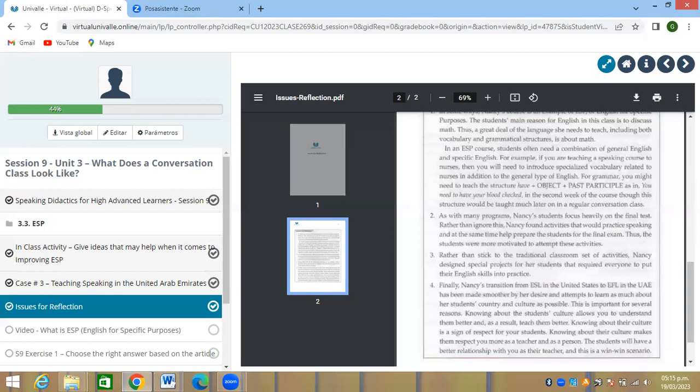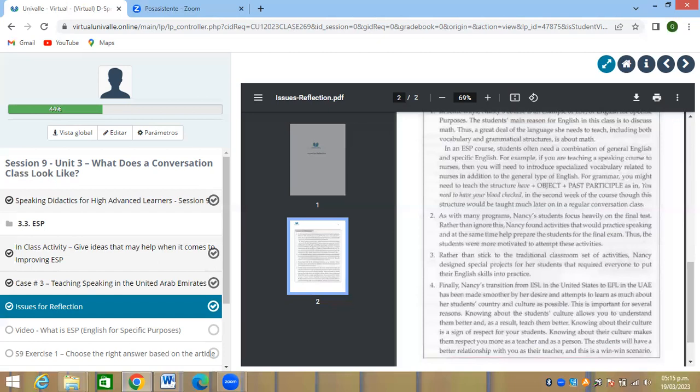And the last one: Nancy's transition from ESL in the United States to EFL in the UAE has been made smoother by her desire and attempts to learn as much about her students' country and culture as possible. Two different cultures here. This is important for several reasons.